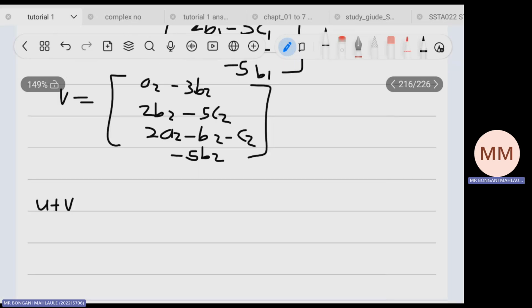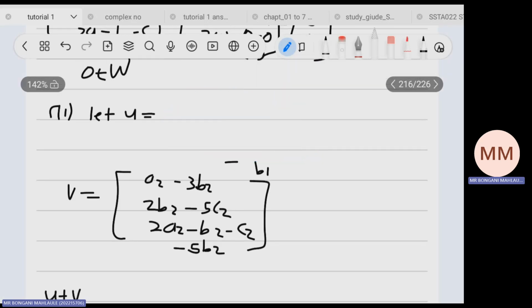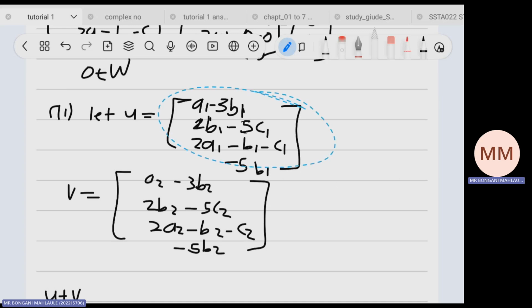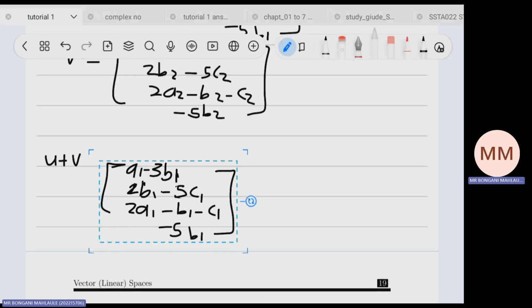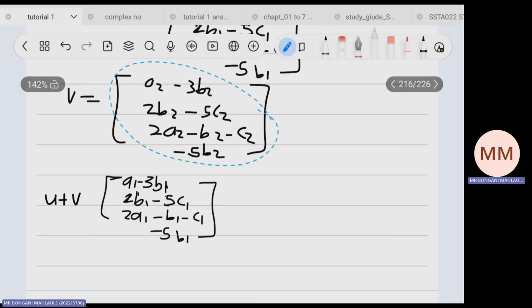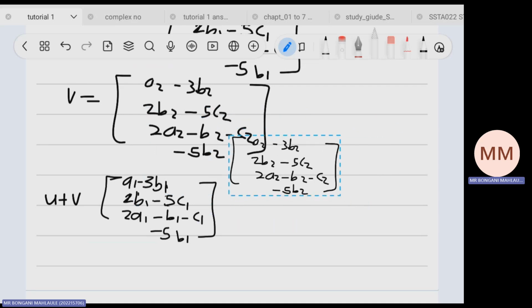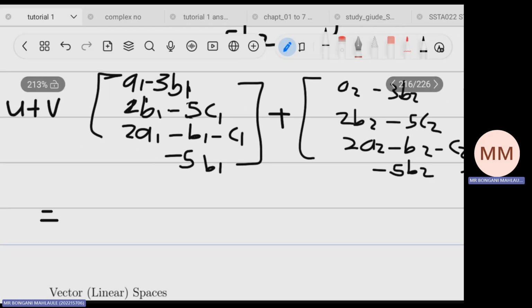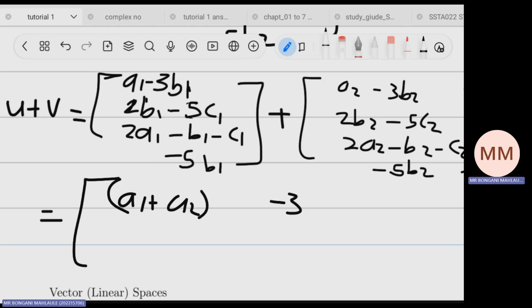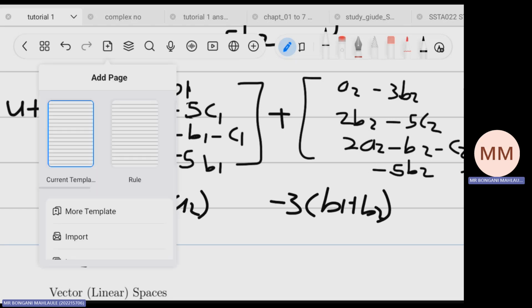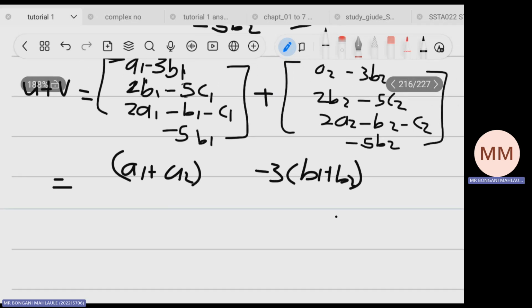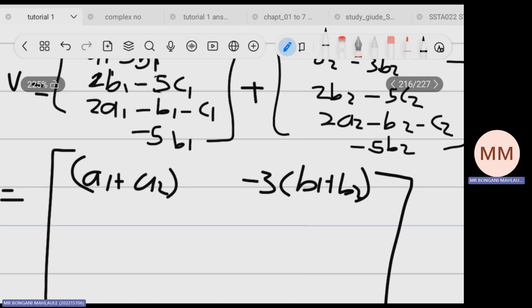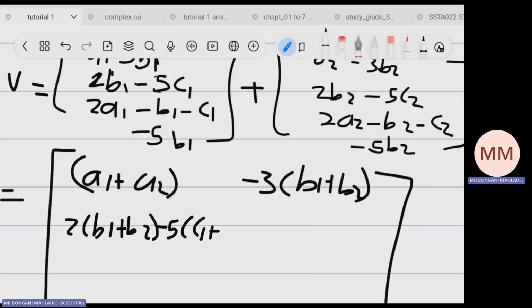Now you'll do the addition of U plus V. So this will give us A1 plus A2, minus 3 times B1 plus B2, and this will be 2B1 plus B2, minus 5 times C1 plus C2.